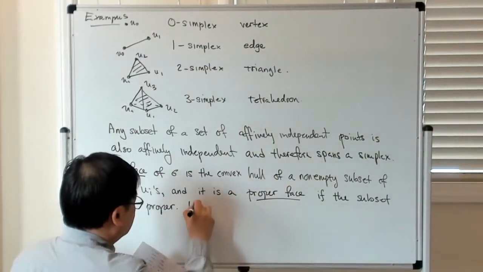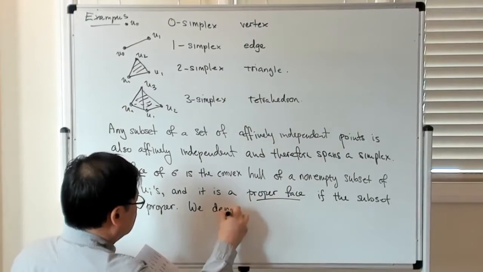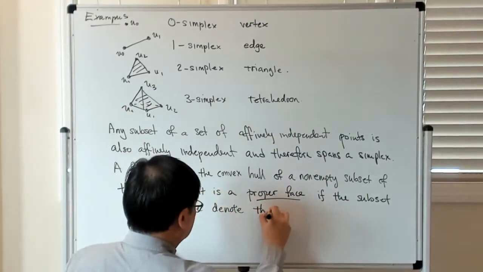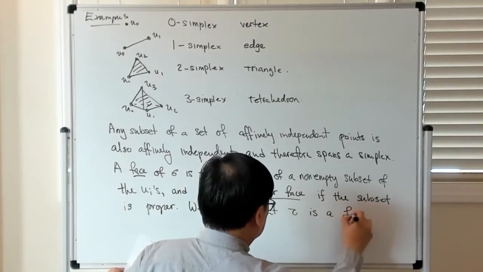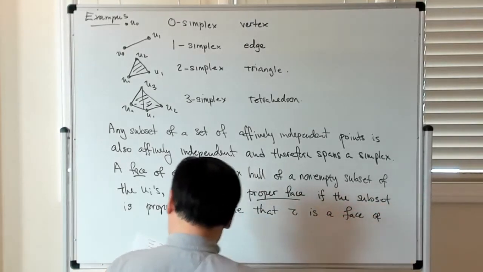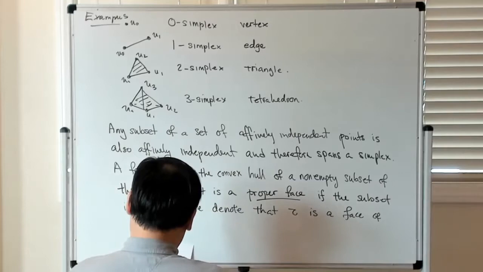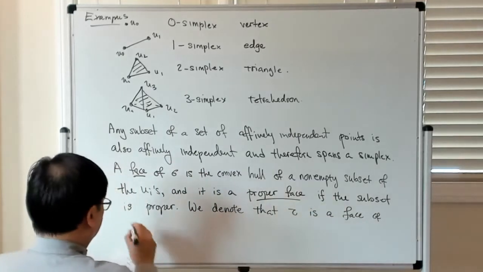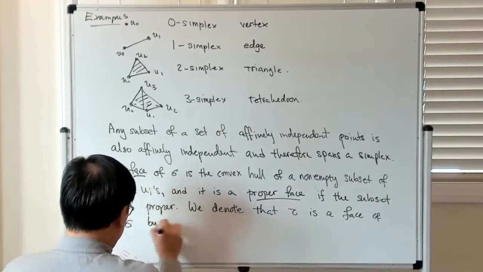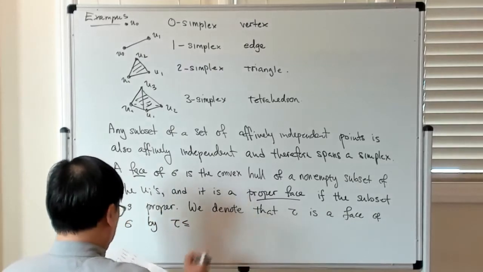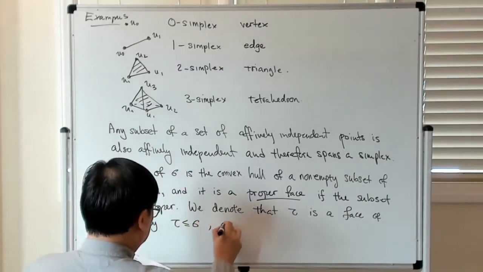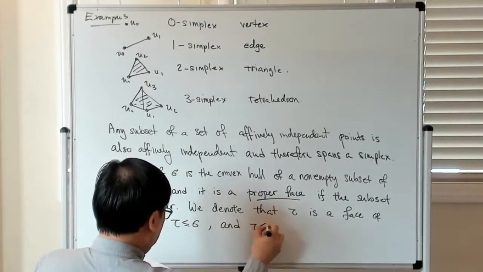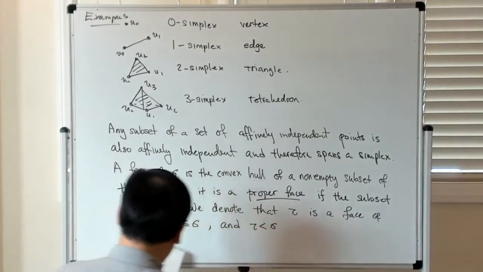We denote that tau is a face of sigma by tau is less than or equal to sigma, and tau less than sigma if it is a proper face.